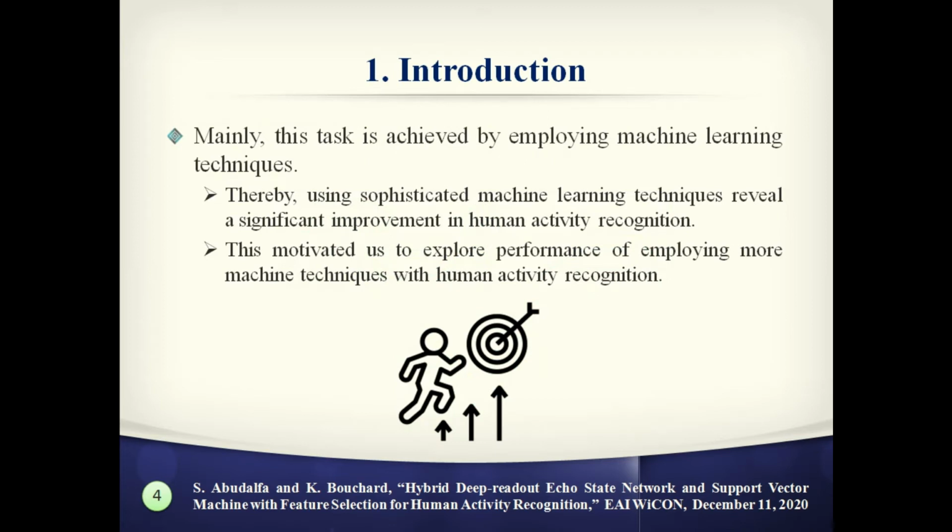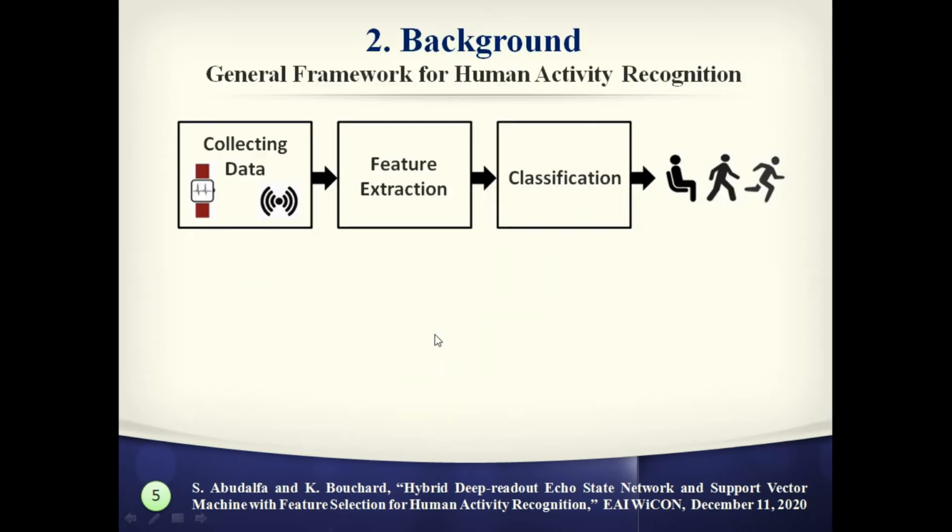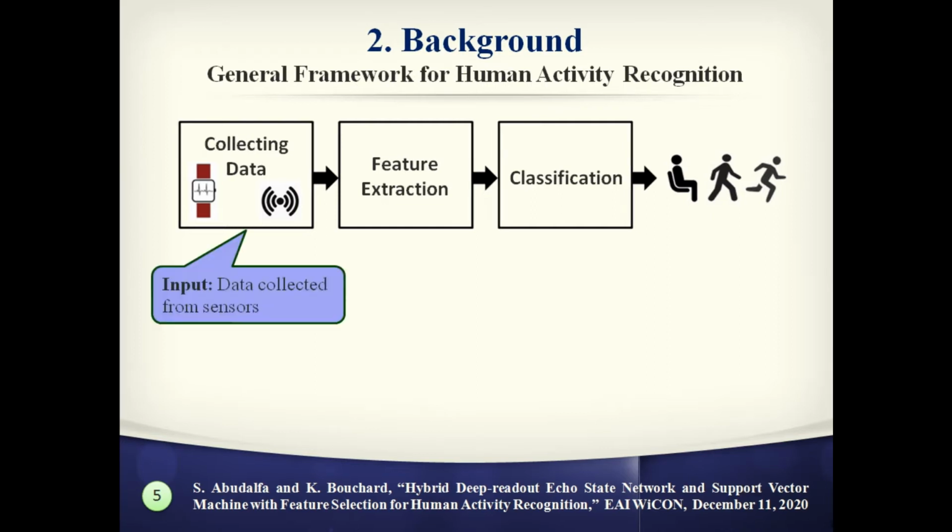Mainly, this task is achieved by employing machine learning techniques, and using sophisticated machine learning techniques reveals a significant improvement in human activity recognition. This encouraged us to explore the performance of employing more machine learning techniques with human activity recognition. The general framework for human activity recognition consists of some phases. The first phase is collecting data from sensors.